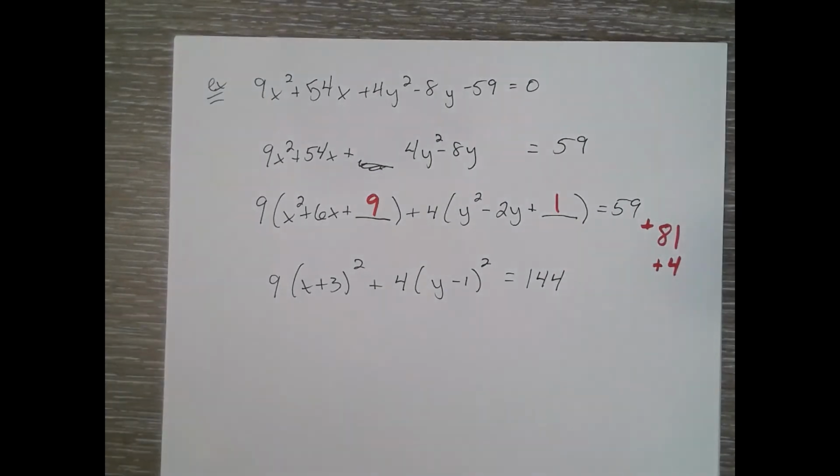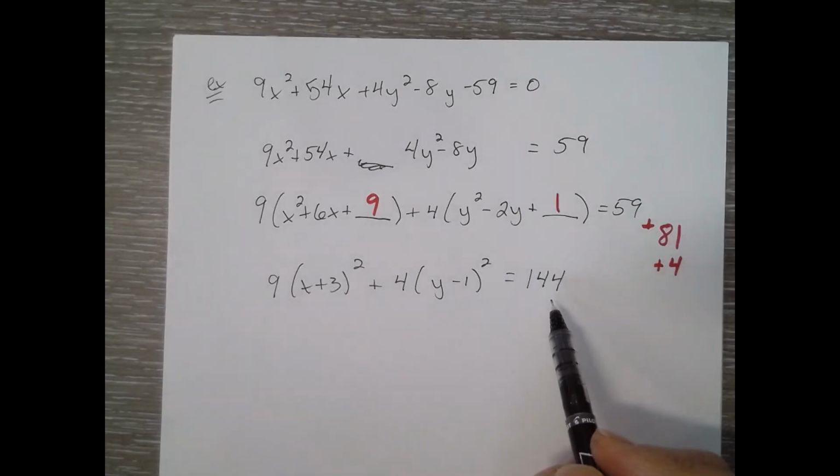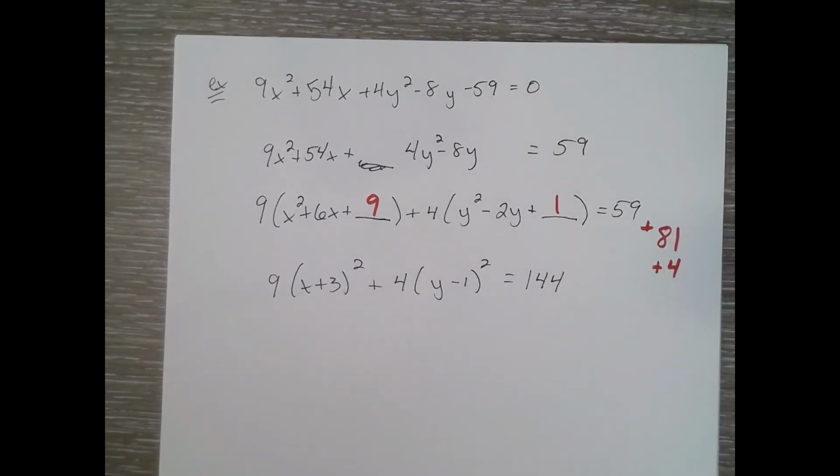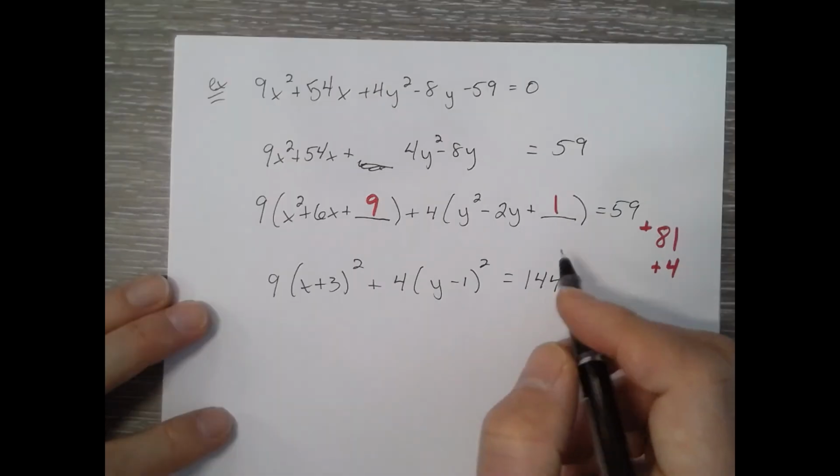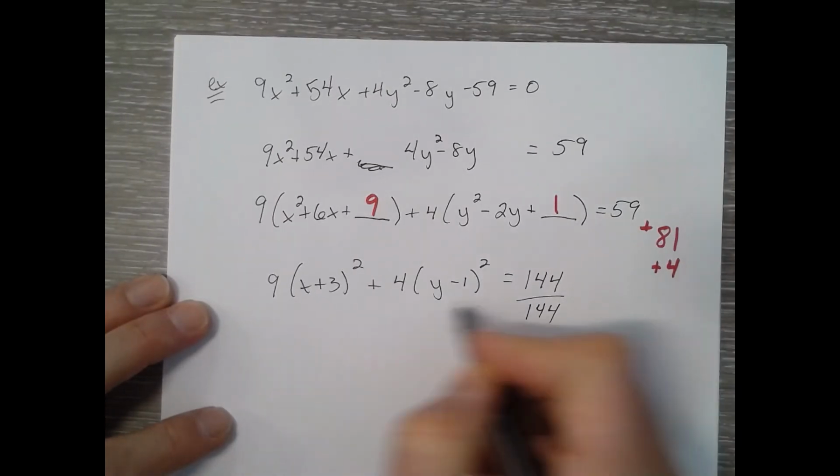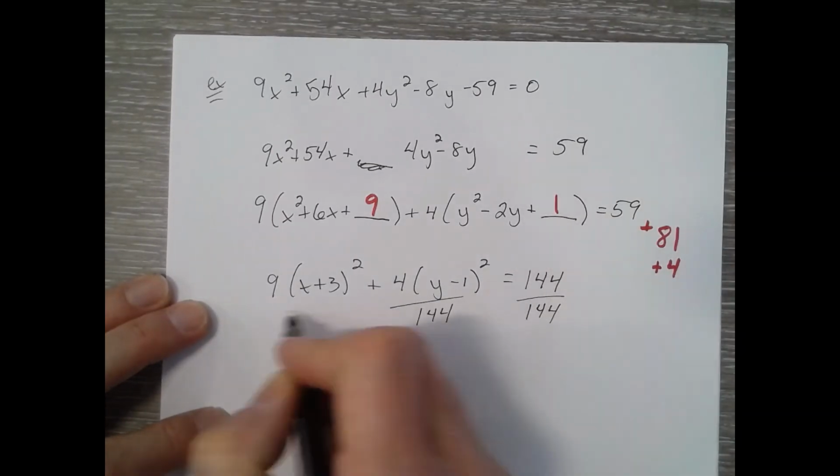So in all of our examples, what is always on the right side? Look at all the examples we just did. What's it always equal to? 1. We have to have 1 on the right side. So in order to get 1, we have to divide by 144 and divide by 144.